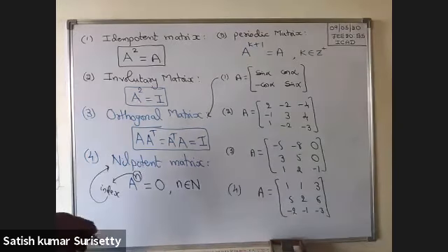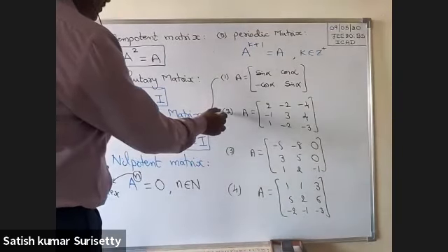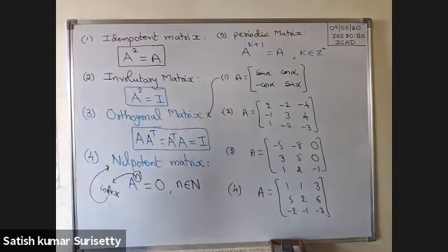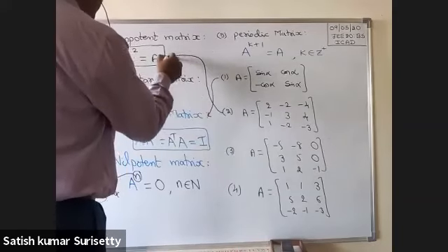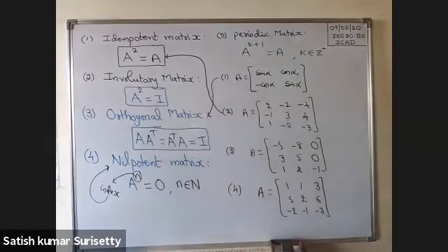With the observation of a few elements, you can conclude also. But the answer? Idempotent. The second is an idempotent matrix. That is, A square equals A.